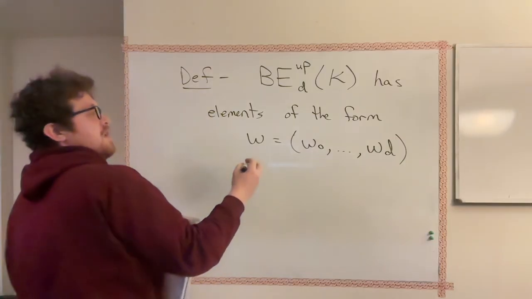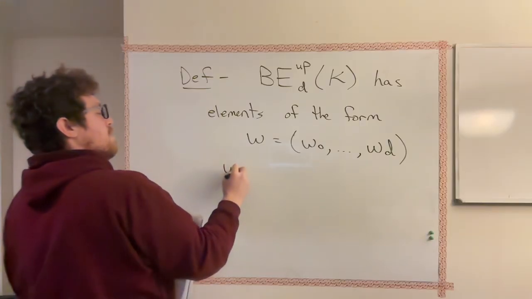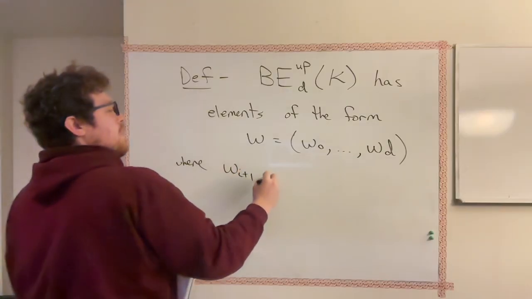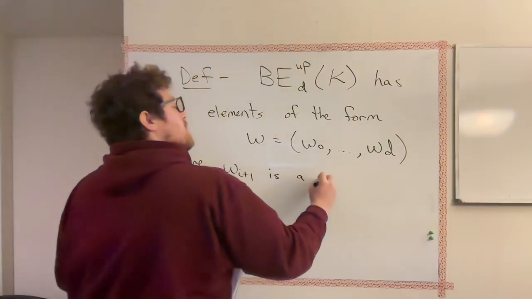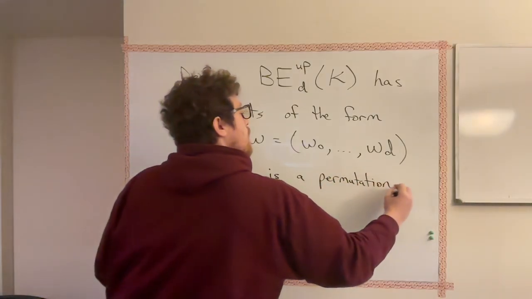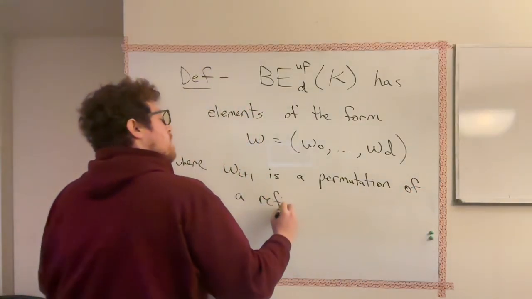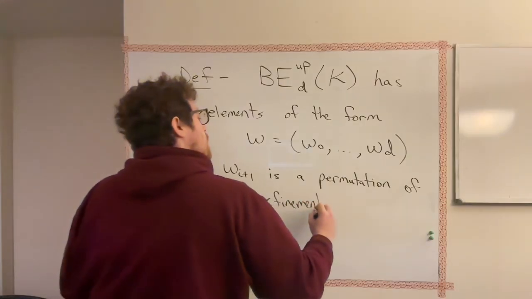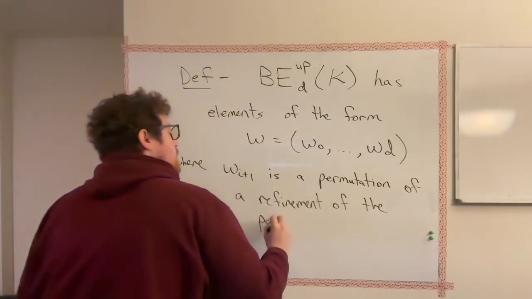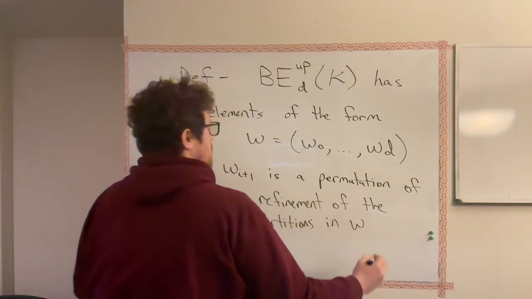So essentially, W_{i+1} is a permutation of a refinement of the partitions in W_i.